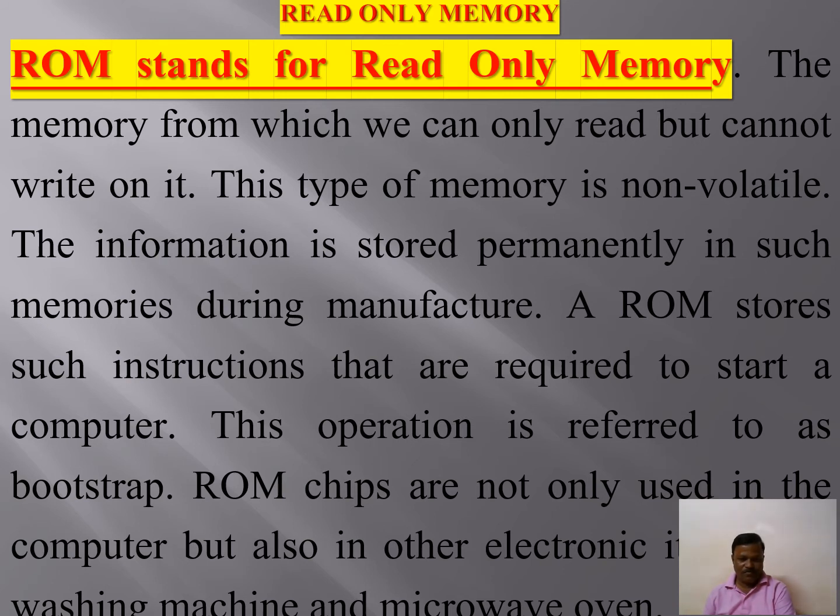In EEPROM, any location can be selectively erased and programmed. EEPROMs can be erased one byte at a time rather than erasing the entire chip. Hence, the process of reprogramming is flexible but slow.